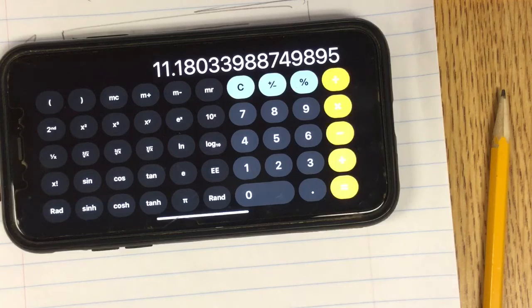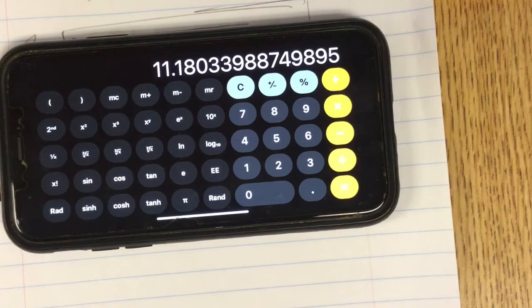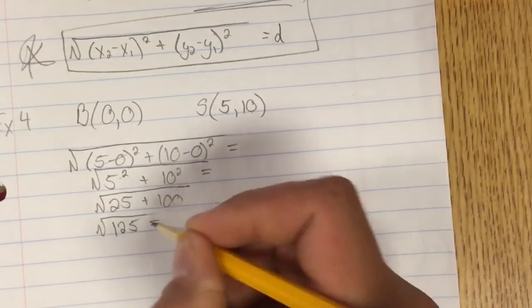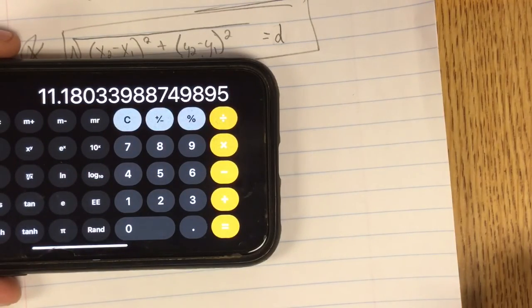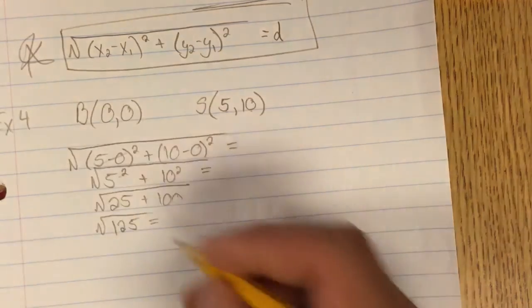Typically they'll say, round your answer to a specific number of decimals or tenths or something like that. On this one, it said round your answer to the nearest tenth of a foot. Since our answer was 11.18, tenths being this one right here, I'm going to have to round that up, so it'd be 11.2.